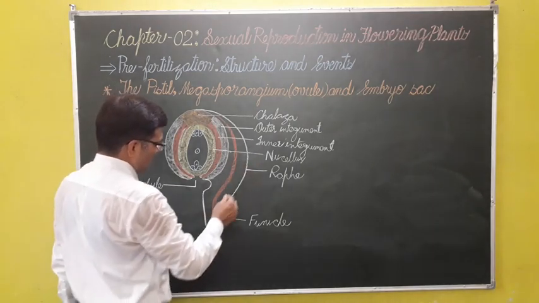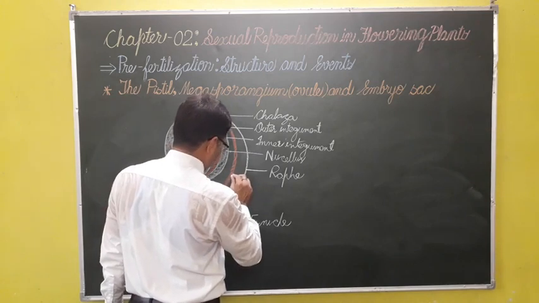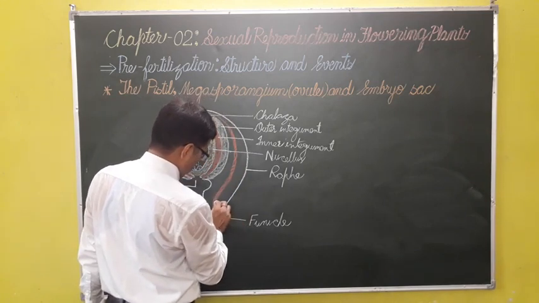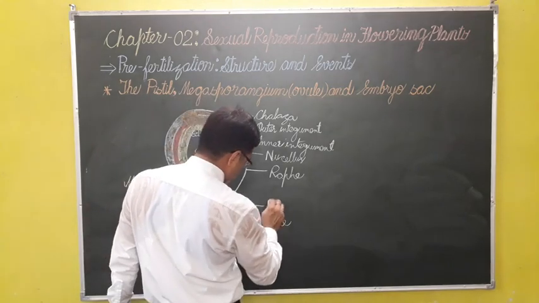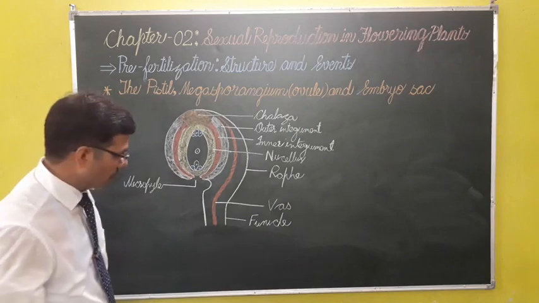Now this is the vascular bundle, to supply the nourishment to the ovule.